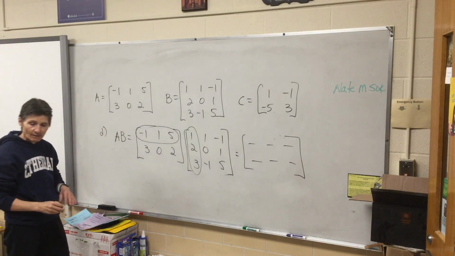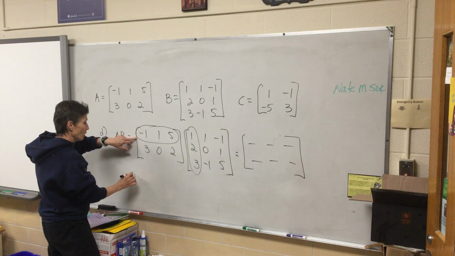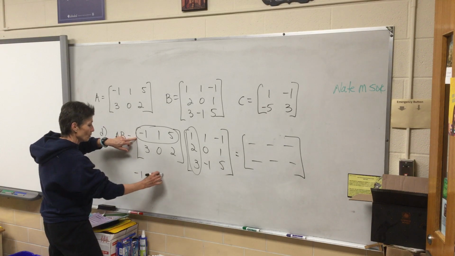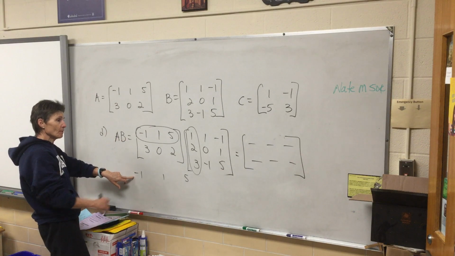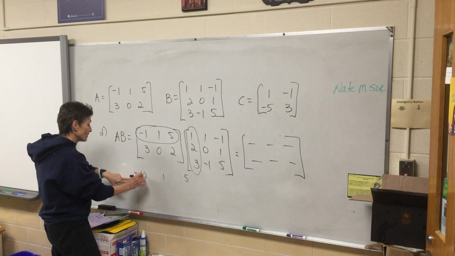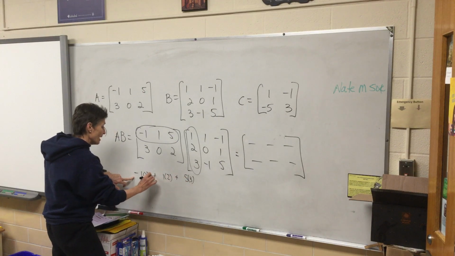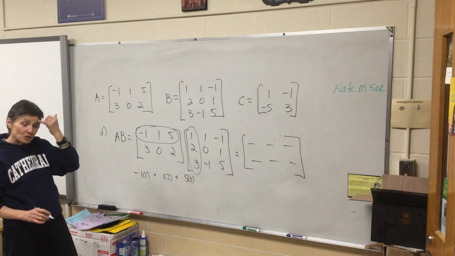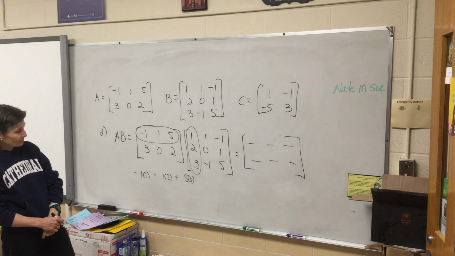That's how we do it. Everything's rows first. So I'm going to write down my first row, which is -1, 1, 5. And then next to those numbers, I'm going to write my first column, which is 1, 2, 3. And then I'm going to multiply each pair of numbers and then add them up.